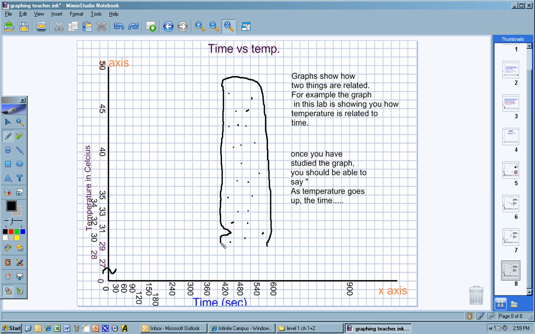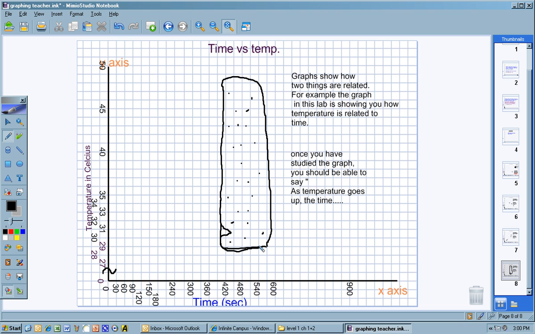So what that would tell me is that there's no relationship between time and temperature. They're going to open at about this time no matter what the temperature. High temperature they open at this time, and low temperature they open at this time.